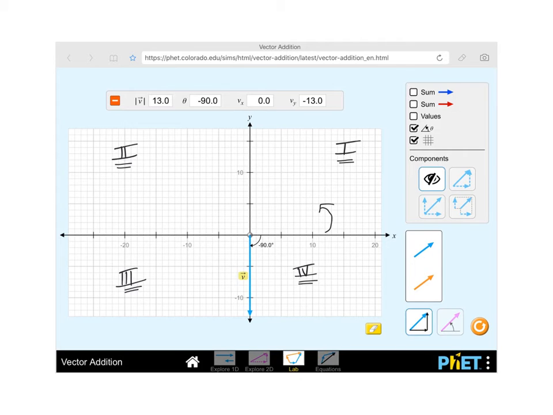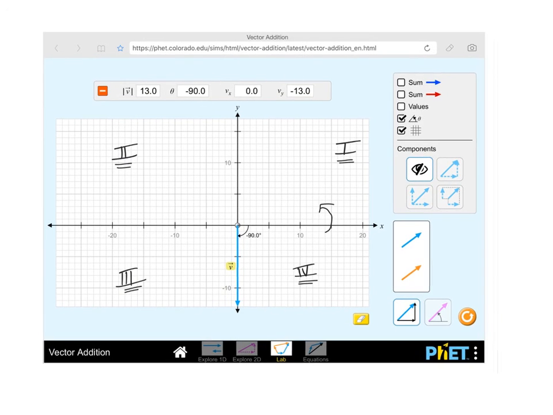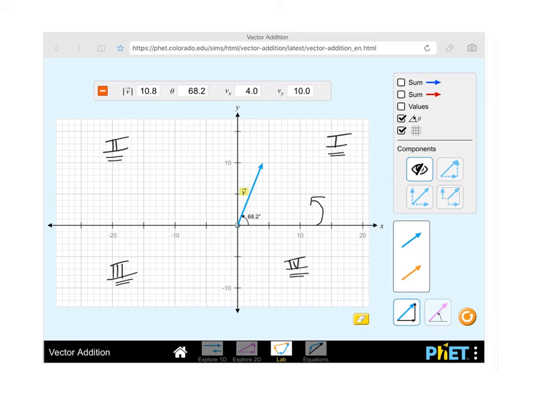The other way that we can take a look at vectors is using the Navigator method. Using the Navigator method, let's say we have an angle like this, 42.3 degrees. What we have to remember is our navigational directions: north, east, south, and west.